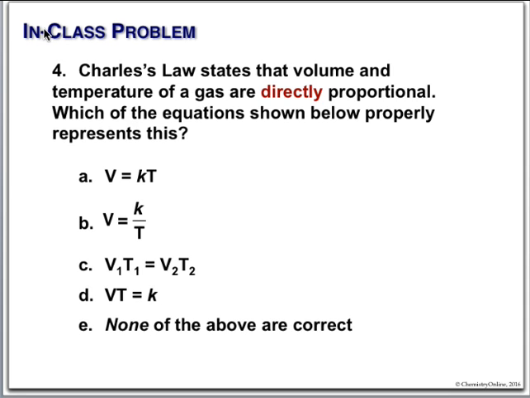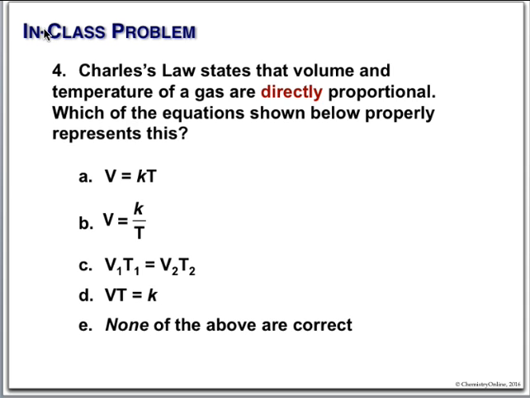When we did the whole Charles's law thing, or all the gas law things, remember what we did was we said, instead of the proportionality sign, we were going to stick in an equal sign and a constant. So think in your head, wherever you see an equal and a constant, just put in proportionality.